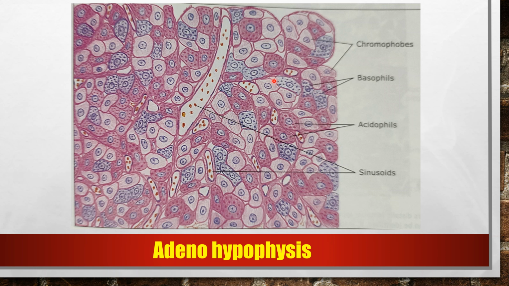We can clearly make out the secretory granules. Next, these are the chromophobe cells. In between we can make out sinusoids, the fenestrated capillaries. This picture very clearly shows the acidophils and basophils, and of course the chromophobes also.